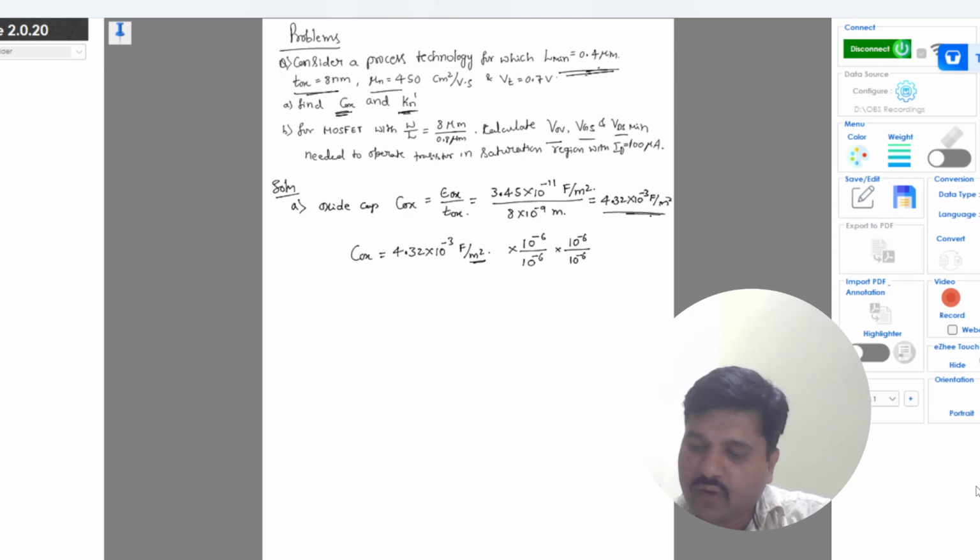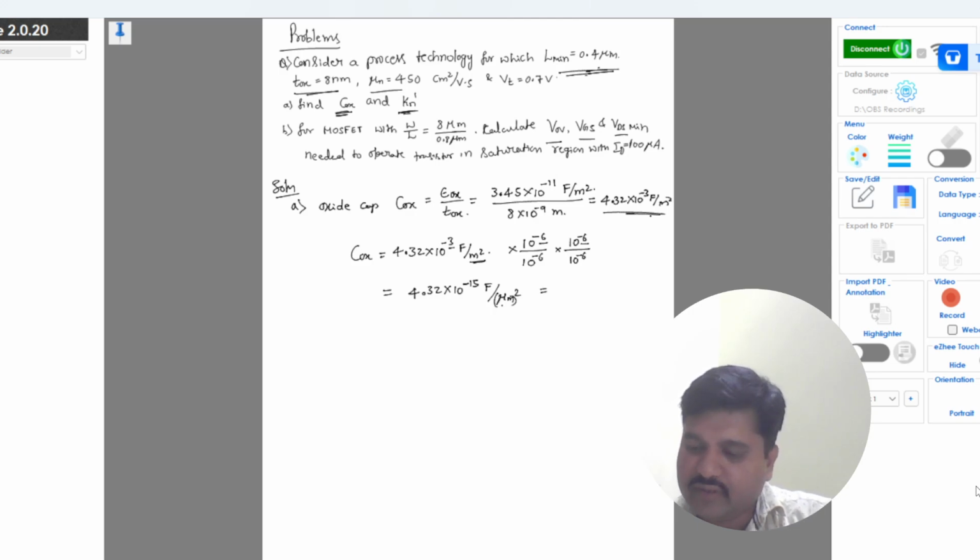So totally it happens to be 10 power minus 6 plus 6 is 12, 12 plus 3 is 15, that means 4.32 into 10 power minus 15 farad per micrometer square.